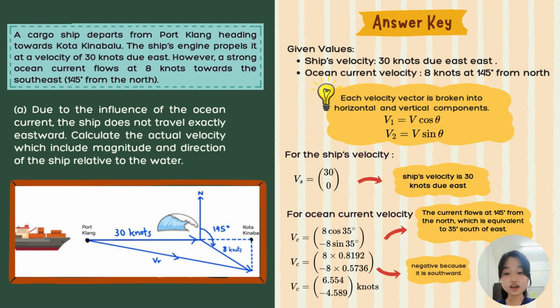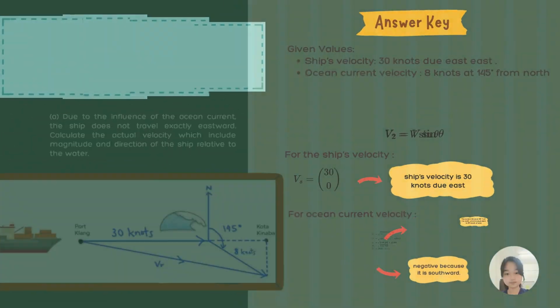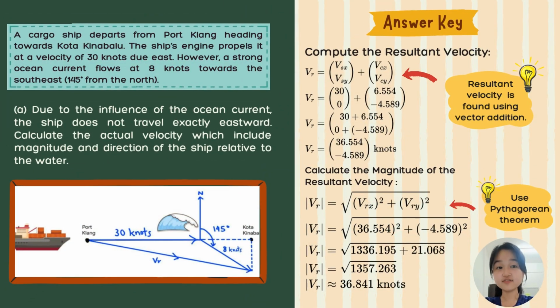Cosine 35 degrees becomes 0.8192, while sine 35 degrees becomes 0.5736, and we multiply them with the velocity. Finally, we know that the velocity of the ocean current is (6.554, -4.589) knots.